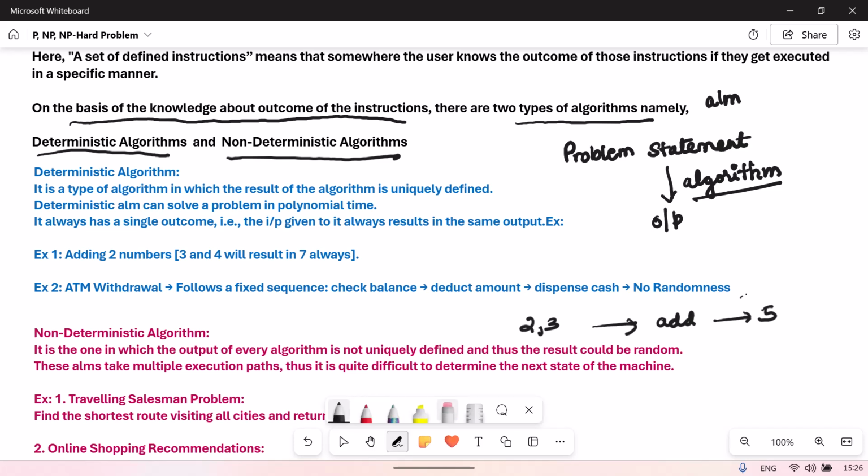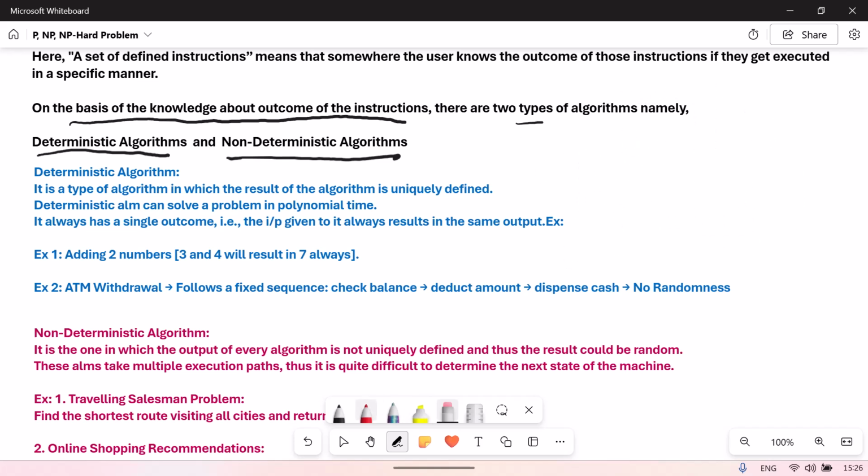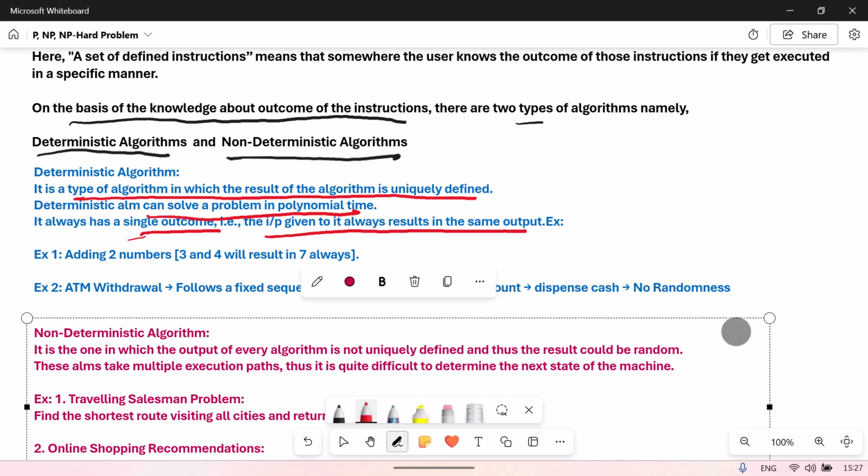It is a type of algorithm in which the result is uniquely defined. If you give the input, it will give you the same output. A deterministic algorithm can solve a problem in polynomial time, and it always has a single outcome.